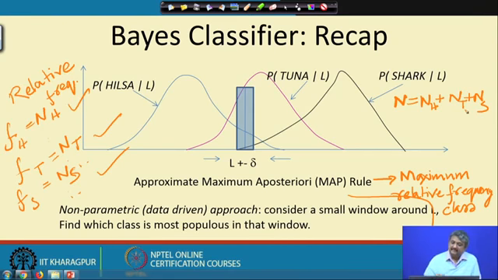Okay. And I can rewrite my MAP rule as: check which of these counts is highest, and put L into the corresponding class. Suppose NT is highest, tuna is highest, put it into class tuna.